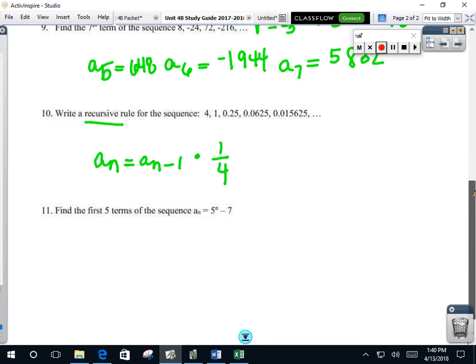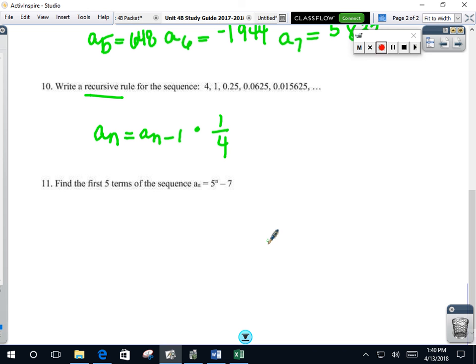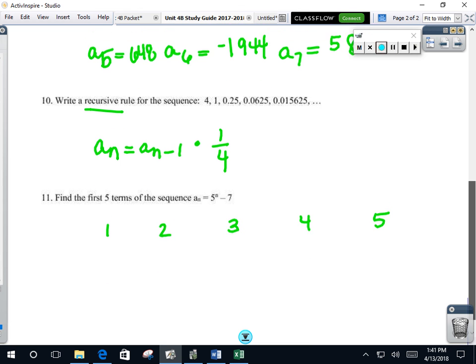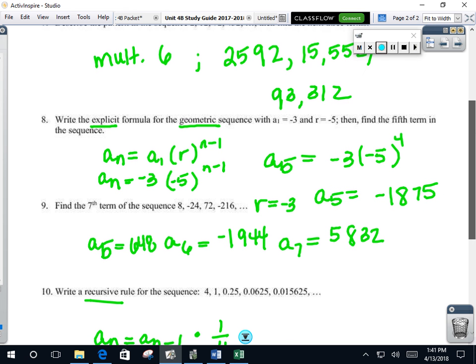Okay, number 11. Find the first 5 terms of the sequence. How would we do that? You're looking for term 1, term 2, term 3, term 4, and term 5. So how do you do that? No, look, all you have to do, like up here when they said find the 5th term, what did you do?